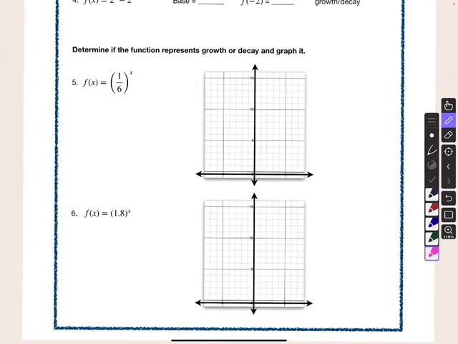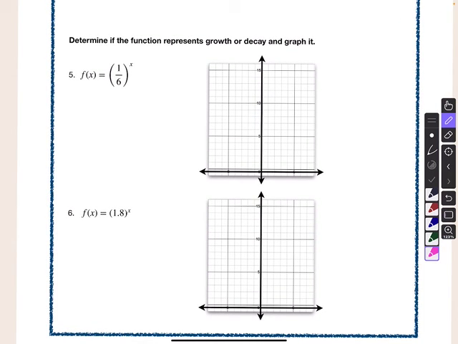And then down here, you're going to have to graph it. So just make a table. Now, if you remembered a few things, one thing is you already know 0, 1. Remember, it always goes through that. So when you plug in 0 up here, it'd be 1/6 to the 0 power, which is just 1. We also know 1 and 1/6.